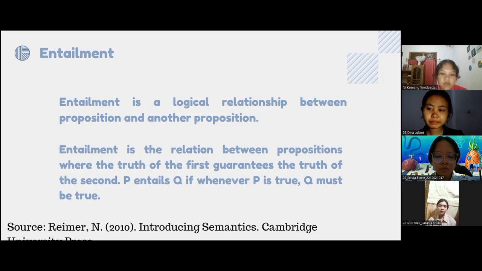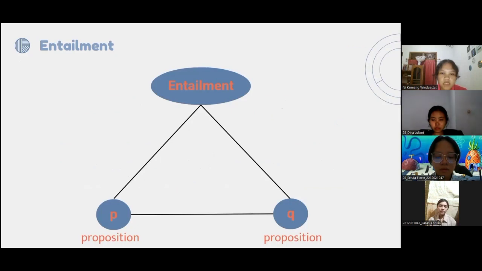P entails Q if whenever P is true, Q must be true. So we can illustrate entailment like a triangle, a logical relationship between one proposition denoted by P and another proposition denoted by Q.